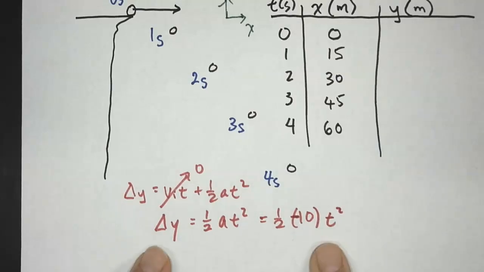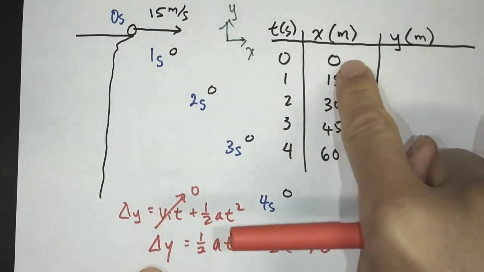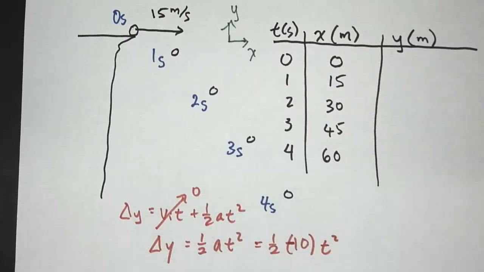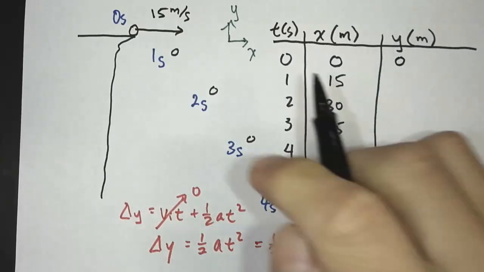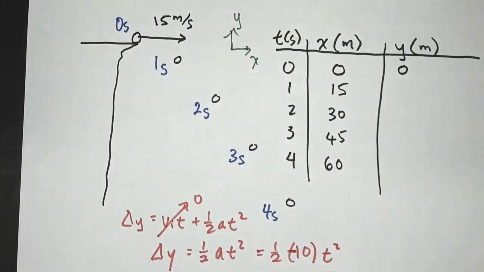Just focusing on the left and right parts here, let's plug in these numbers. Let's plug in 0: 0 squared is 0, and 0 times anything is 0. So we're going to start off with 0. This is our 0 point here. Then at 1 second, we plug in 1.